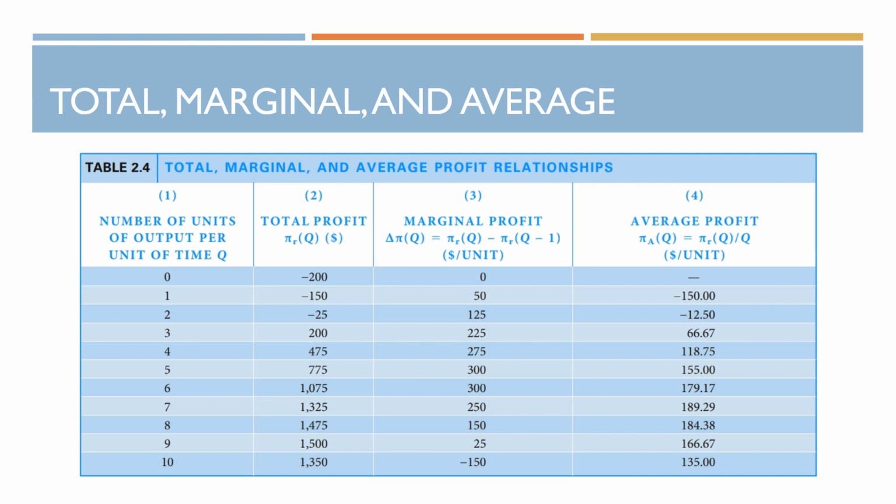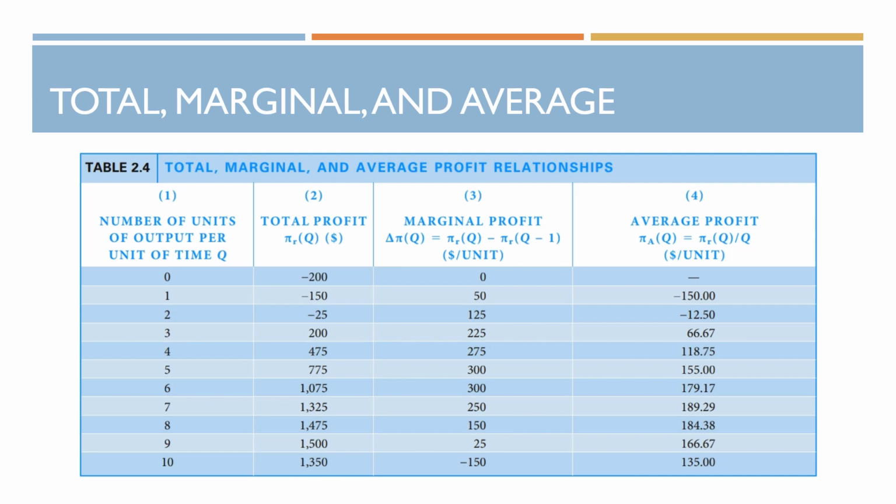Because if you look at it, at the beginning it doesn't seem like the firm is getting much out of the production, particularly if we look at 0, 1, 2, 3 units of production, the firm is actually getting negative profits. So does that mean the firm should never produce the goods? And the answer, of course, is no, right?